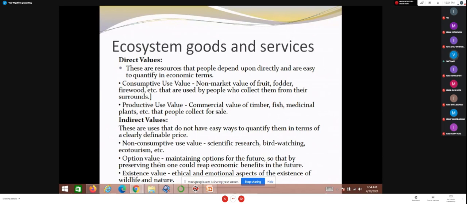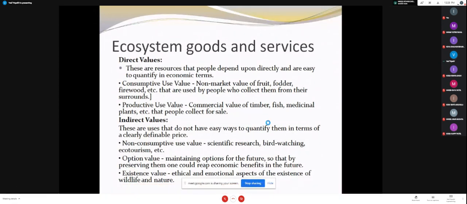That's why keeping them conserved will give us option value in future. Then existence value. Ethically, emotionally and also aesthetically, when we look at these ecosystems, they have some value because they exist in the wildlife and nature. So they have indirect values, and the direct values, which are consumptive and productive values.